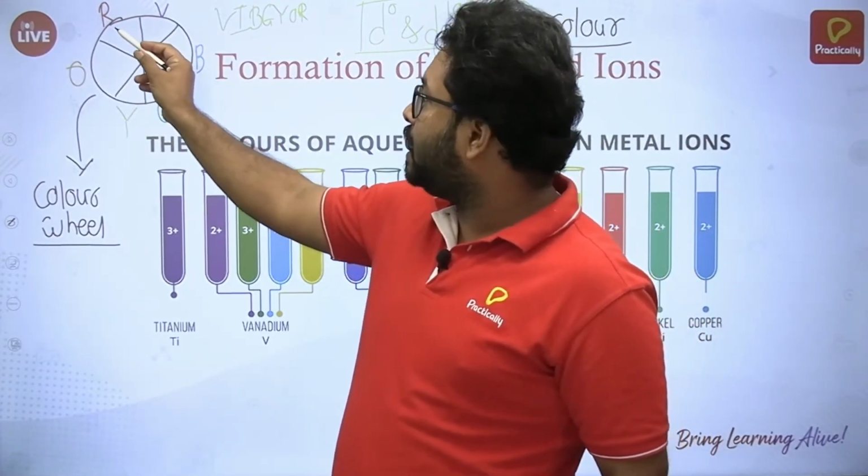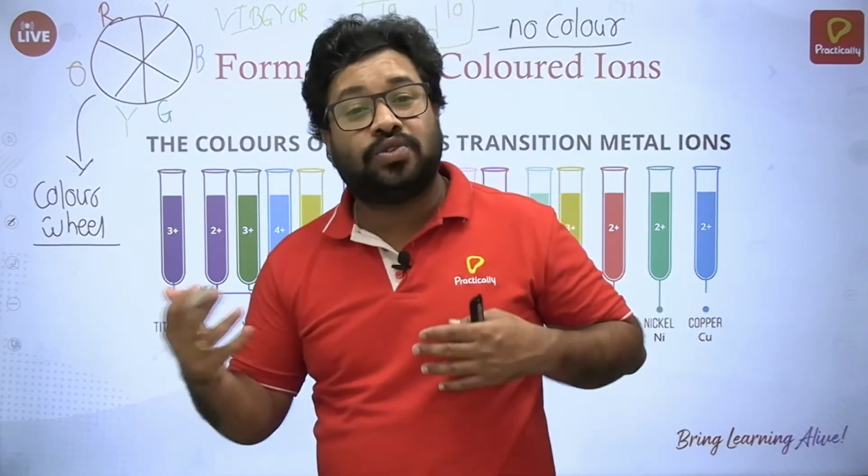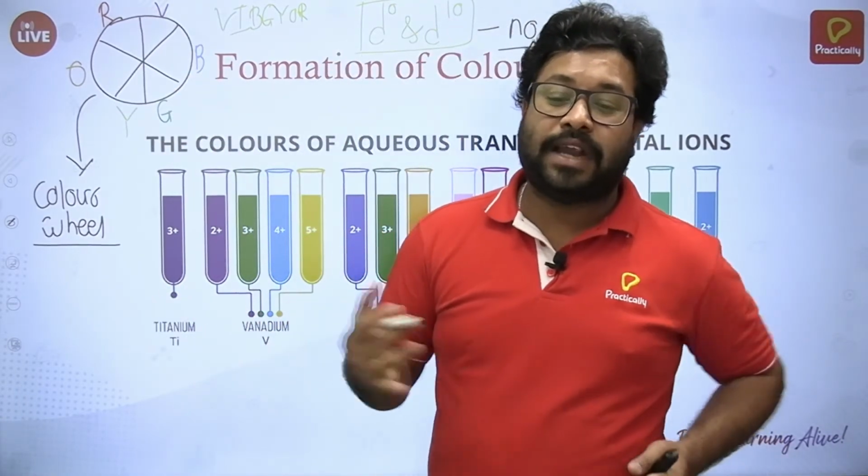If it absorbs red, it will look green. If it absorbs yellow, it will look violet, and so on. That is how the color wheel operates.